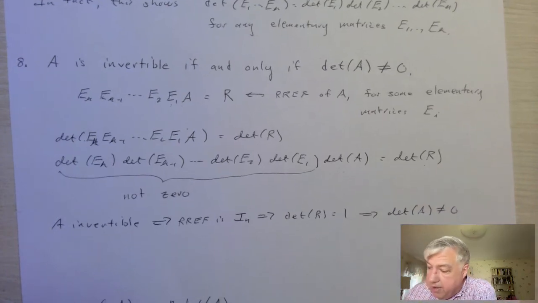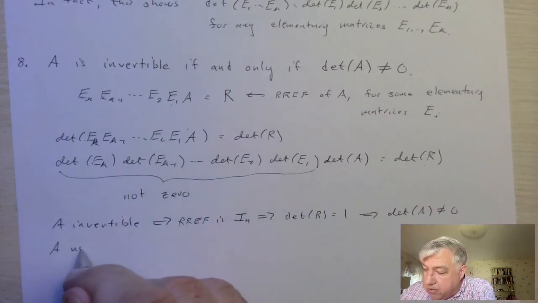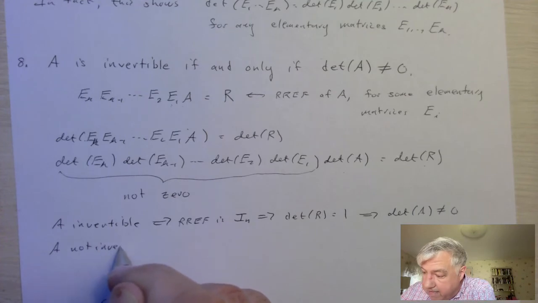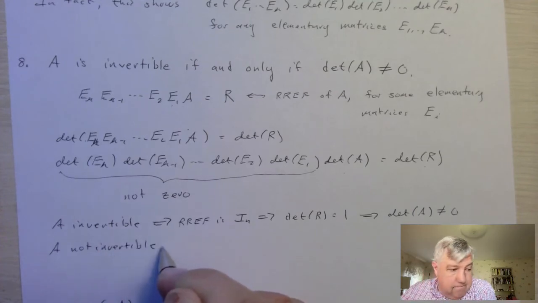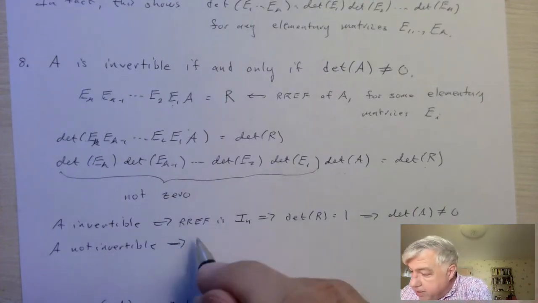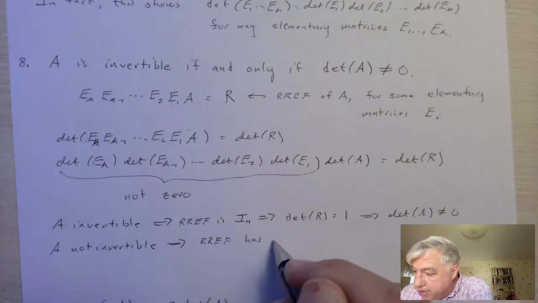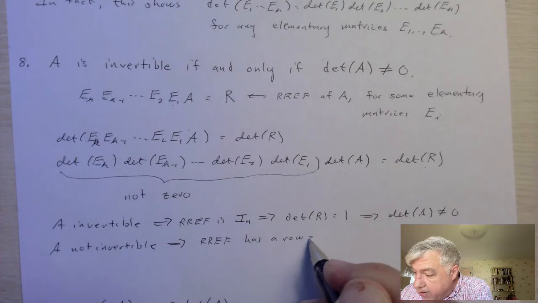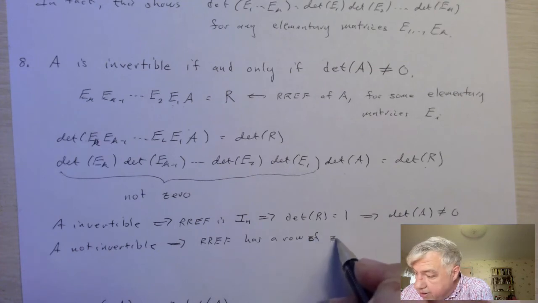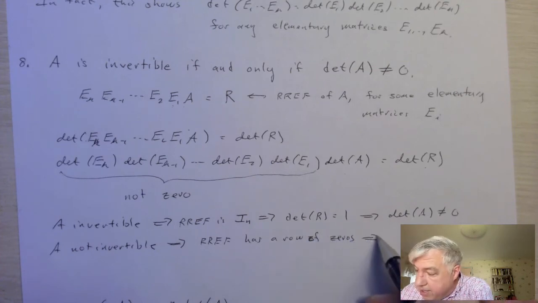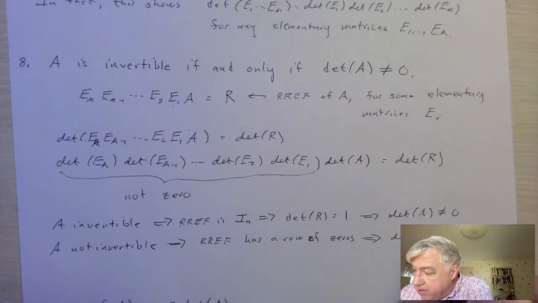And if A is not invertible, then the RREF, R, has a row of zeros, which means the determinant of R must be 0.